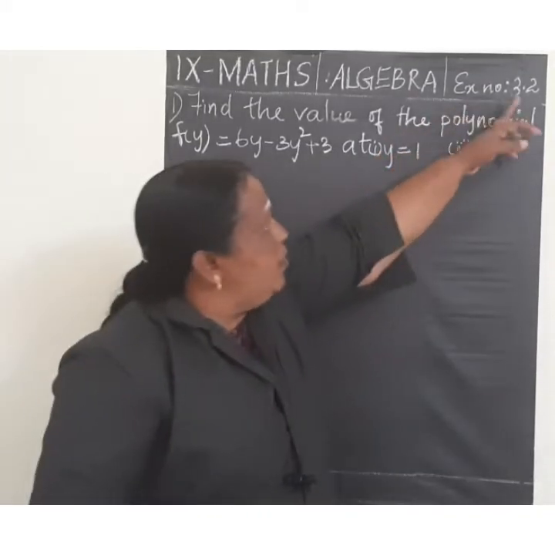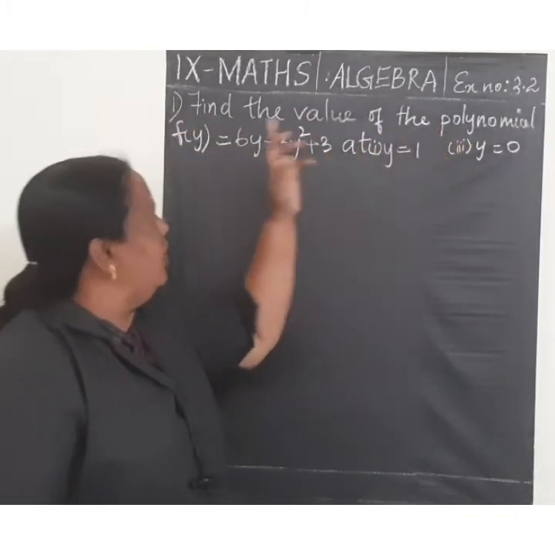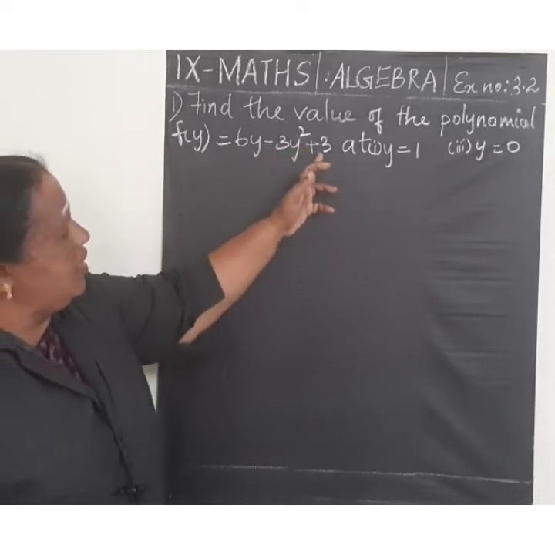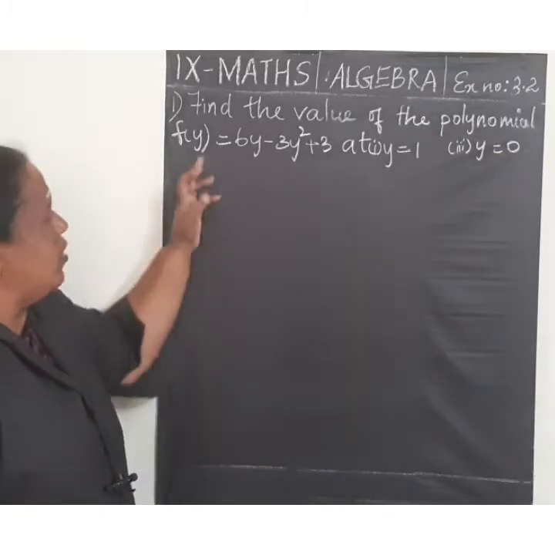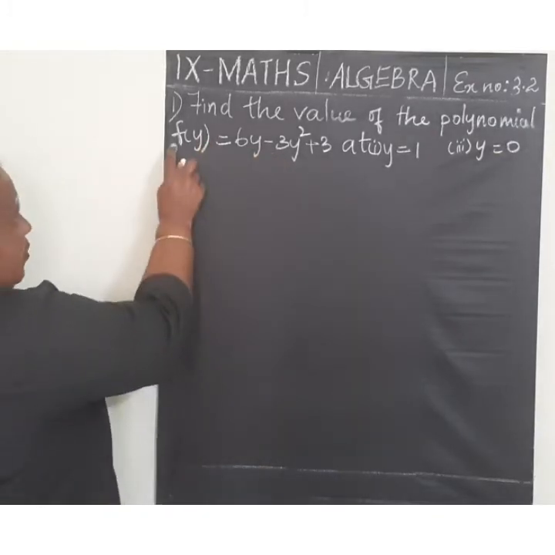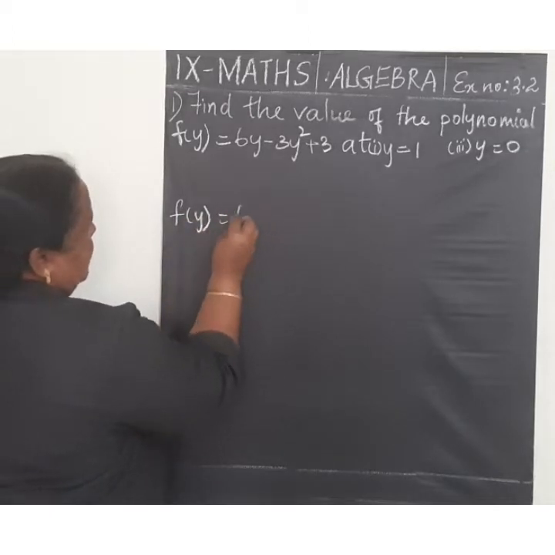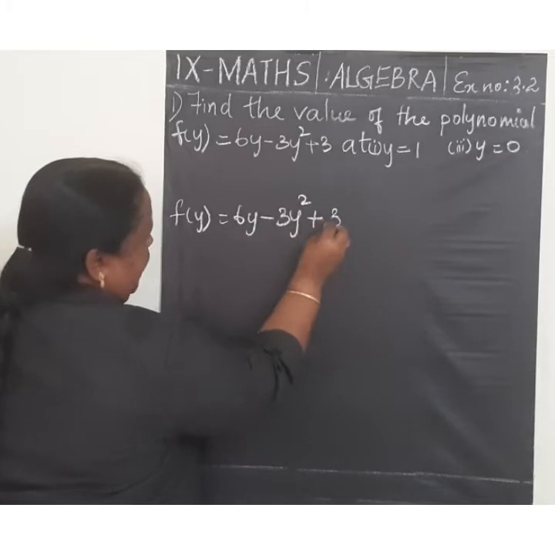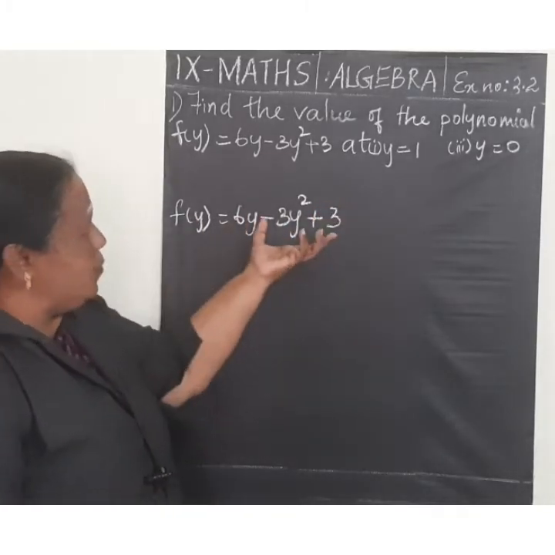Now exercise 3.2, first sum. Find the value of the polynomial f of y is equal to 6y minus 3y square plus 3 at y is equal to 1 and y is equal to 0. We have to find the value of this polynomial.